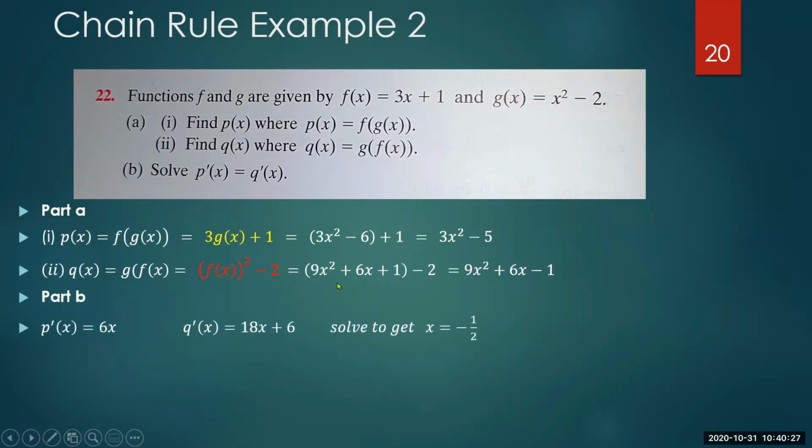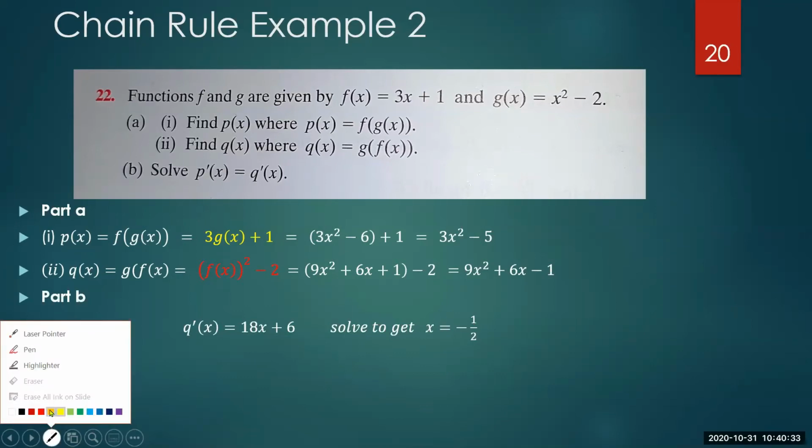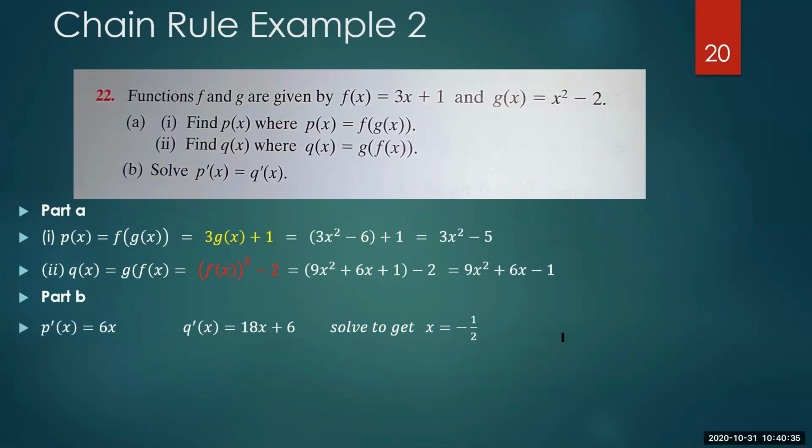So solve p dash of x is equal to q dash of x. When we differentiate, we can differentiate p dash of x just by looking at it. It's 3x squared minus 5. When you differentiate, you get 6x, because minus 5 is a constant, and when you differentiate that, you get 0.